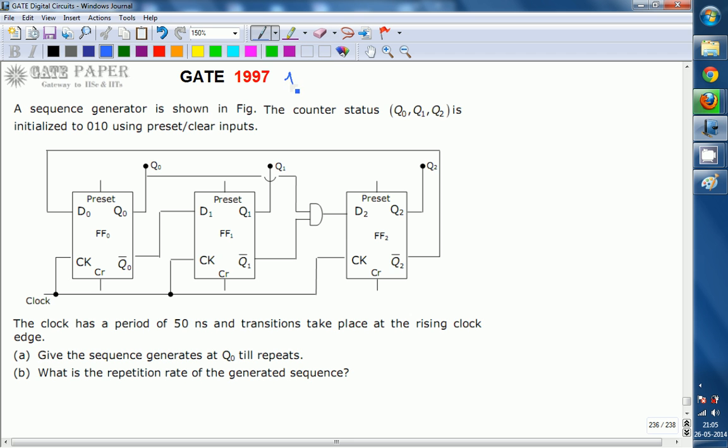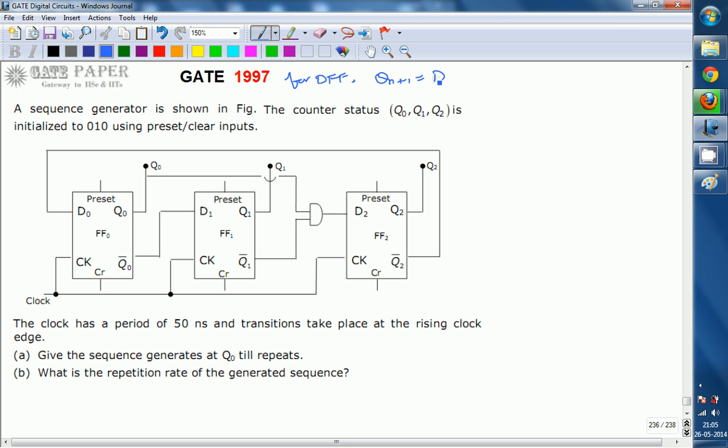For a D flip-flop, that is the delay flip-flop, the next state Qn plus 1 is treated as D. The data present at the input is available at the output after the clock edge occurs. That's why the data gets delayed by one clock pulse, so the name D implies delay.